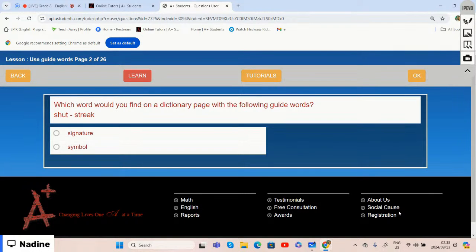All right, the next one says, which word would you find on a dictionary page with the following guide words? Shut and streak.